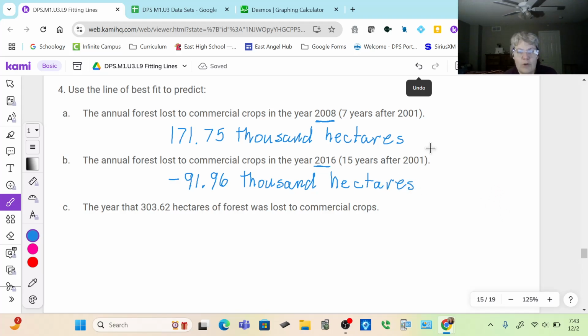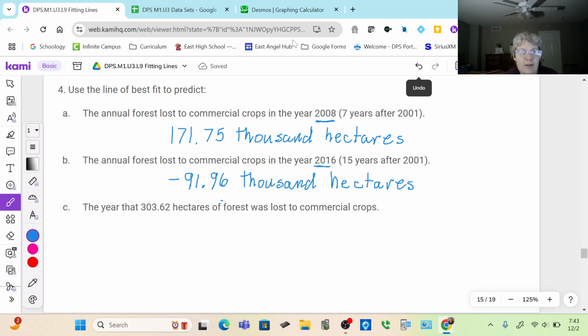So if you think about this situation, 2008 was within the scope of the data. We call that interpolating. 2016 was outside the scope of our data that we received, and we ended up with a negative 91.96. And when it's outside of the data we received or we worked with, it's called extrapolating.